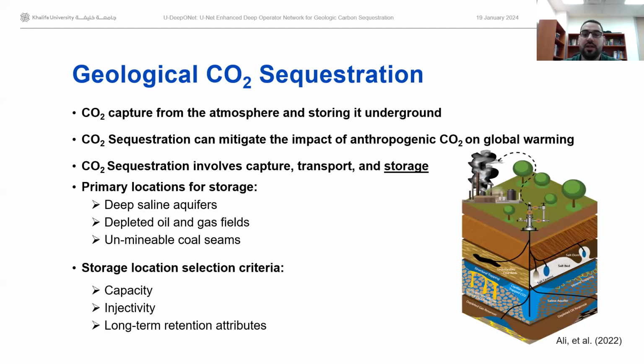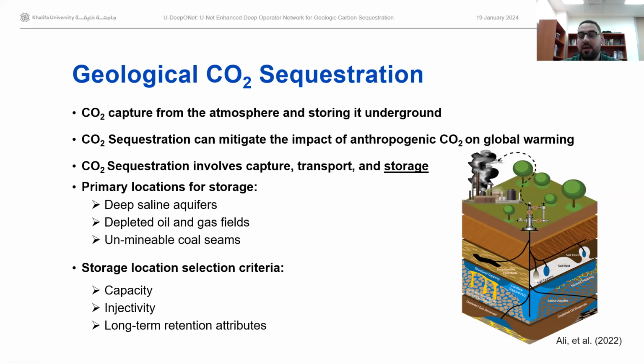So CO2 sequestration tries to address this problem by trying to remove the CO2 from the atmosphere and put it back where it belongs, in the underground. So we usually try to collect the CO2 from high concentration areas, probably near factories, transport it to the storage locations, and then store it underground in suitable and well-picked locations such as deep saline aquifers, depleted oil and gas fields, and unminable coal seams.